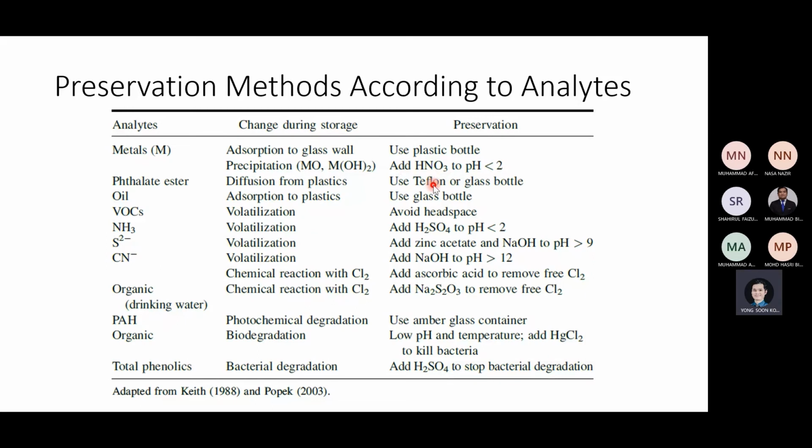In this case, they will minimize the absorption of this phthalic ester into the bottle, and keep it inside the water sample. In fact, in most research involving detection of volatile organic matter, we always use a container lined with Teflon. I know Teflon containers are very expensive, sometimes up to hundreds or thousands of ringgit.